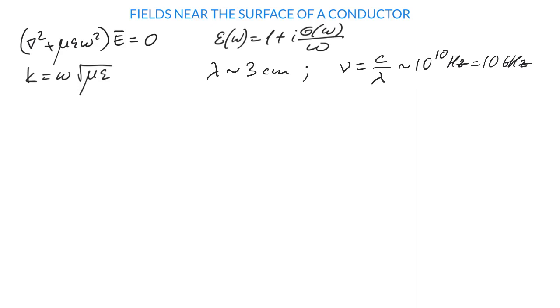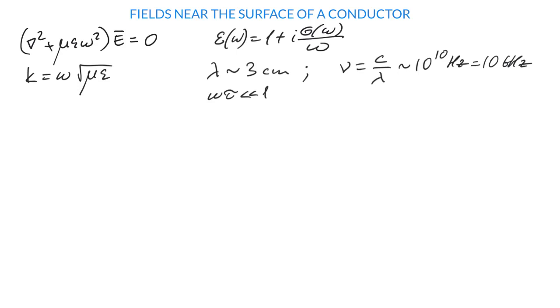We note that this frequency is such that in a good metal, omega tau is still much less than 1. Because of this, the conductivity in the formula here is essentially its static limit, so the omega dependence doesn't matter.